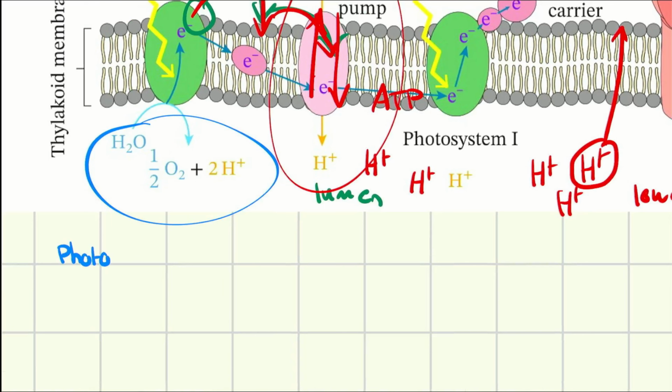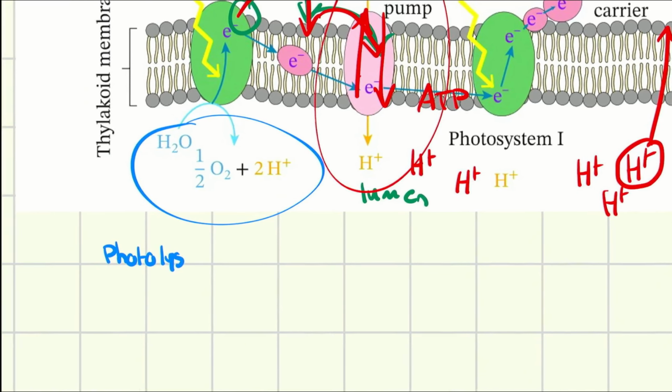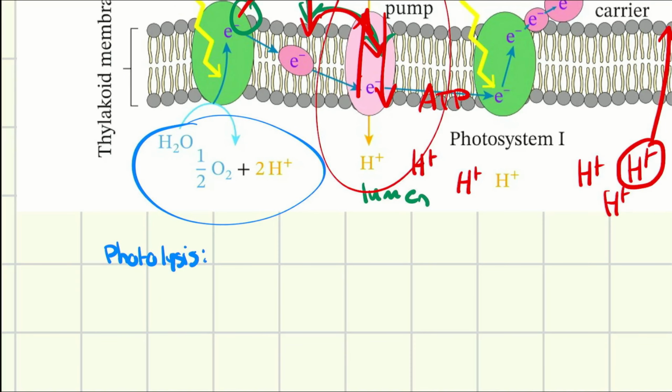If you break down the root word, photo means light, and lysis means to break down. So we're using light to essentially split a water molecule, and that is the whole process of photolysis.